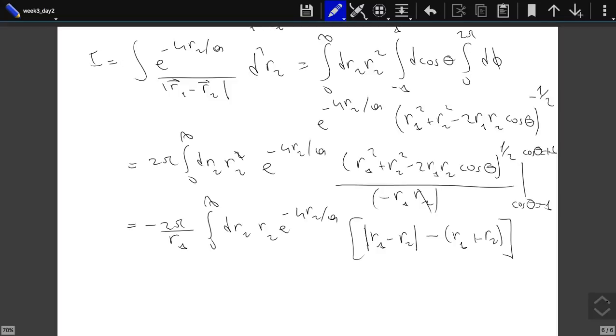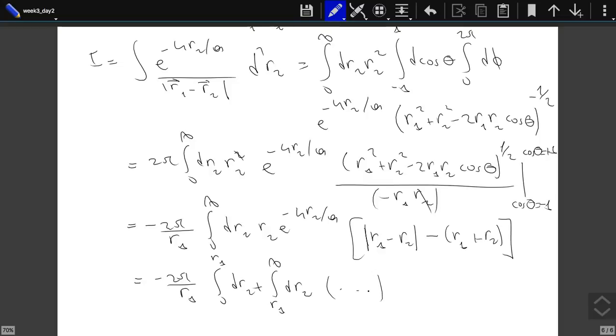Then you just divide the integral in two parts: from 0 to R1 dR2 plus R1 to infinity dR2, since your function has different behaviors in those two regions. And the rest you can evaluate; there are no tricks in the rest.